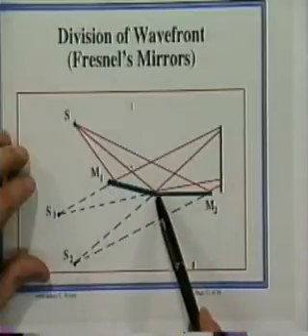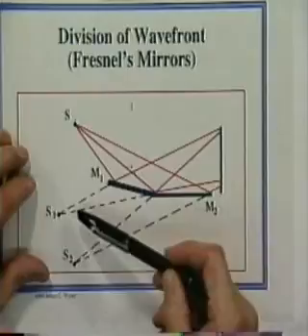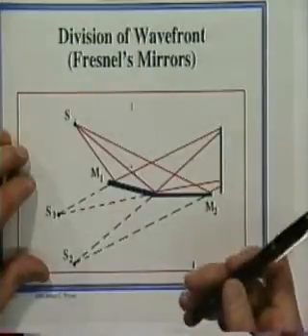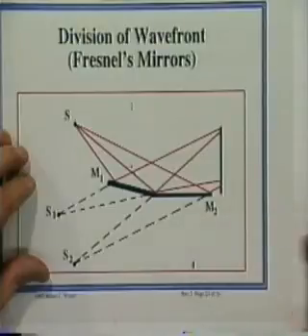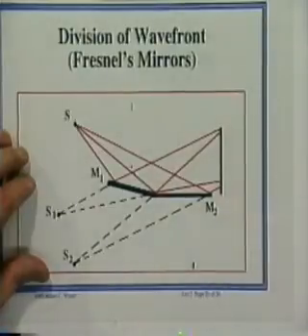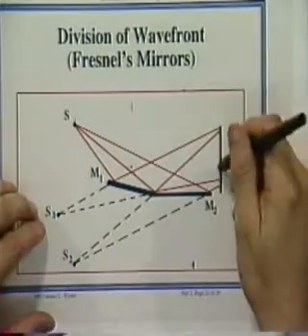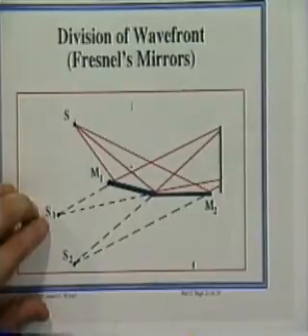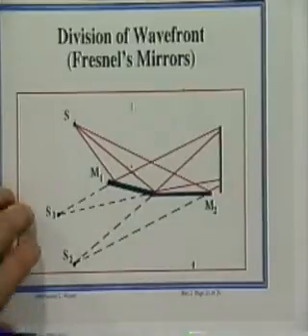Part of the wavefront is reflected off this mirror. Again, if I put my eye up here and look back, I see two point sources. Division of wavefront again. Same thing, different name, two mirrors instead of one mirror, but it's still division of wavefront. We end up with the interference of two spherical waves. Okay. Keep going.